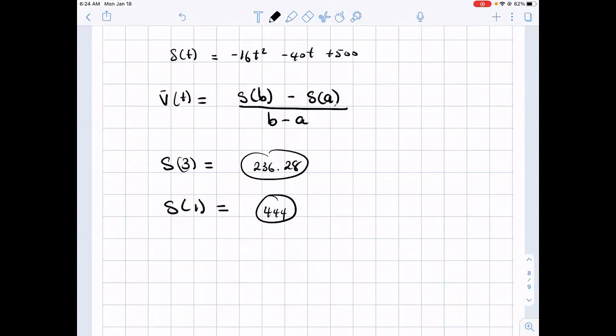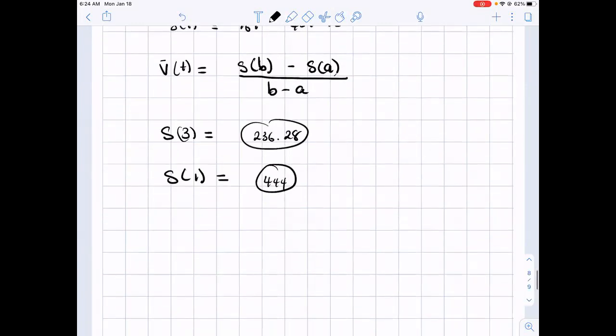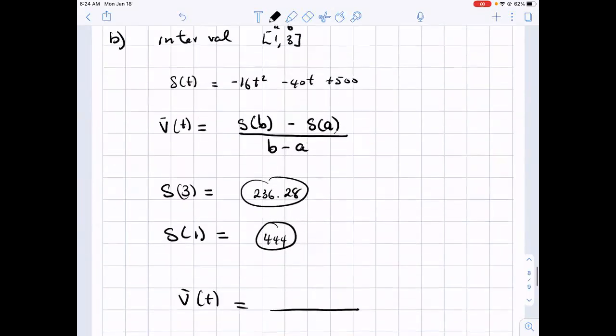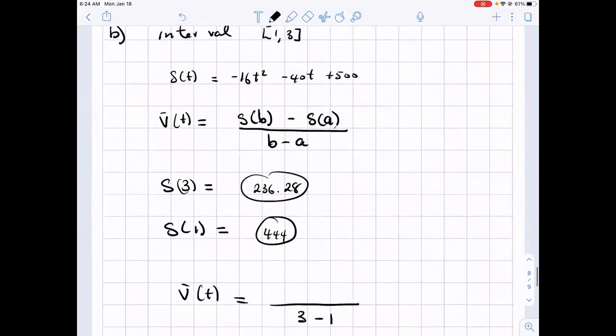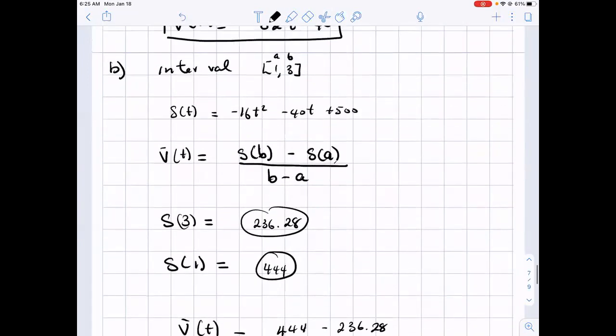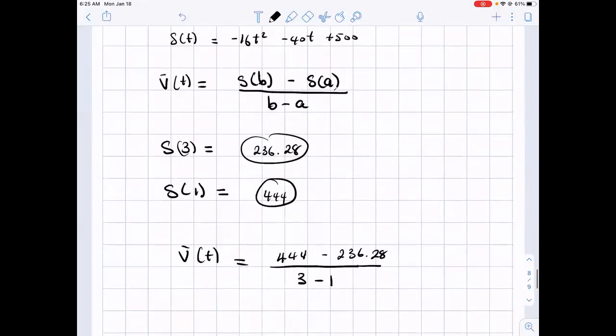Then the average velocity would be, as we said, divided by 3 minus 1, and S of B when we plug in 3 becomes 236.28 minus 444.